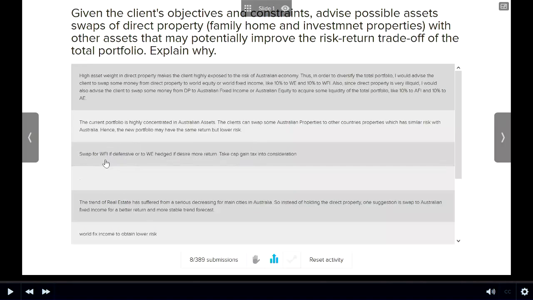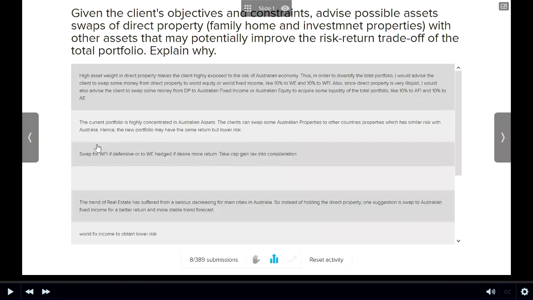That swap for, what, fixed income if defensive. So that's the example of not very clear identified risk factors, and also the word choice of defensive, more return, they are vague or not concise at all.